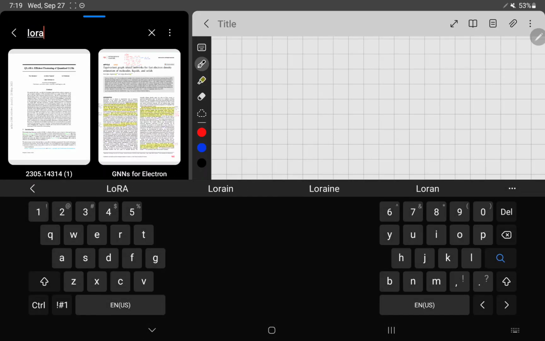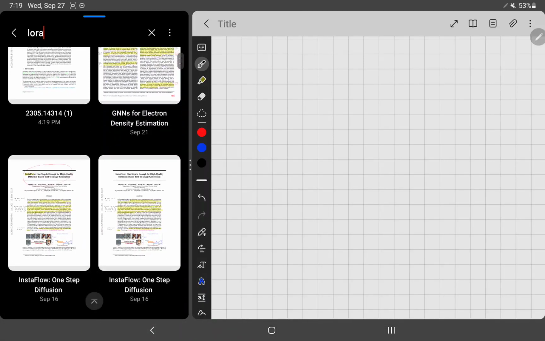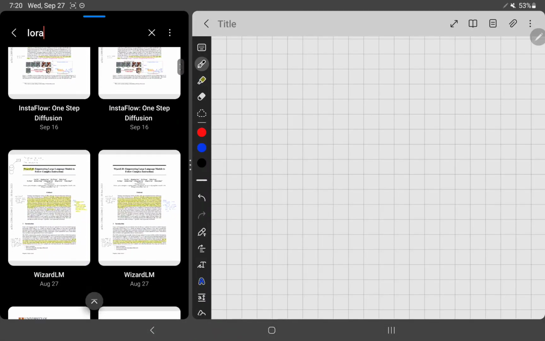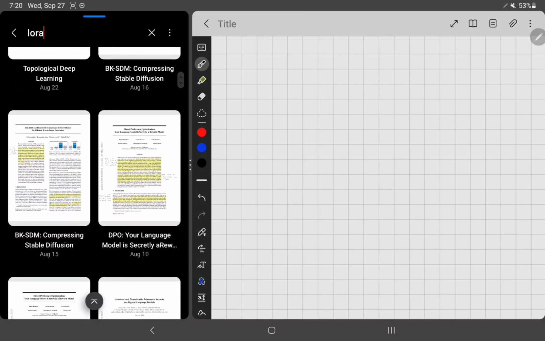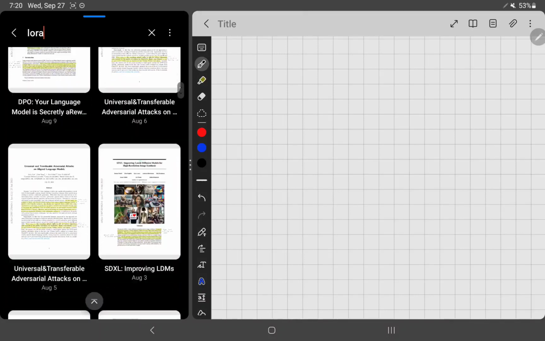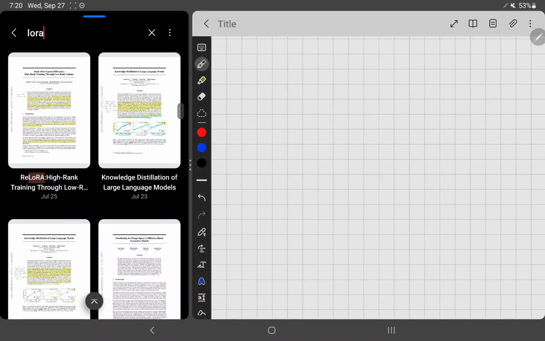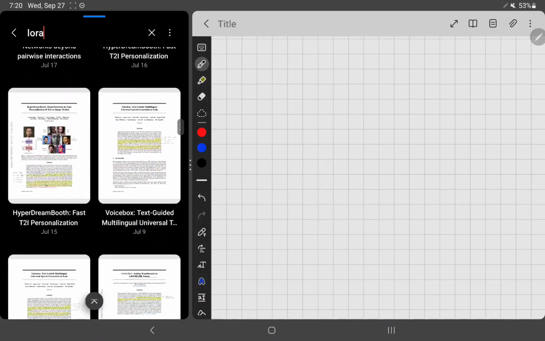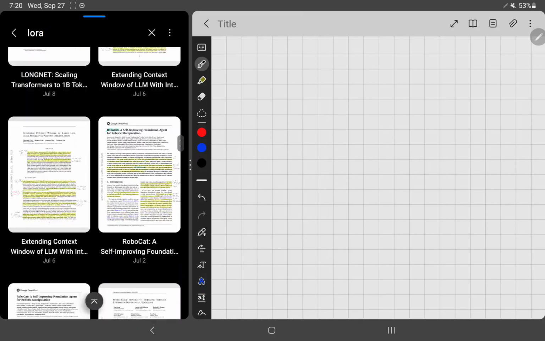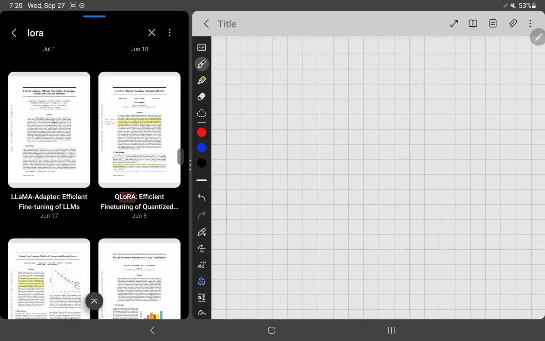We have LoRA, QLoRA, InstaFlow, Wizard. Wow, fake fan. I'm a big fan of LoRA. You got all the LoRA variants. I have the LoRA paper as my background.